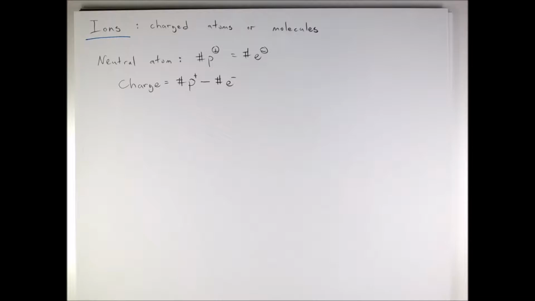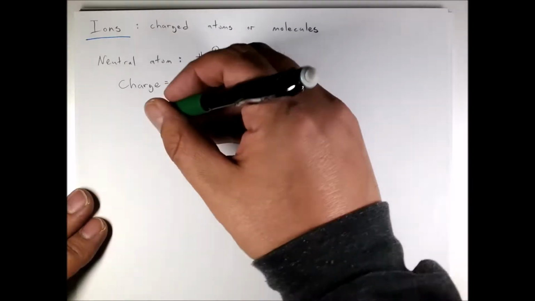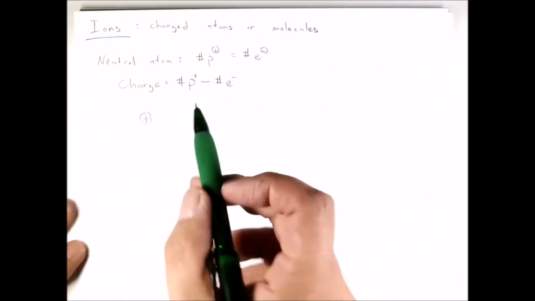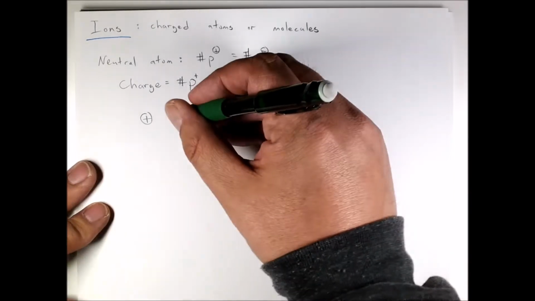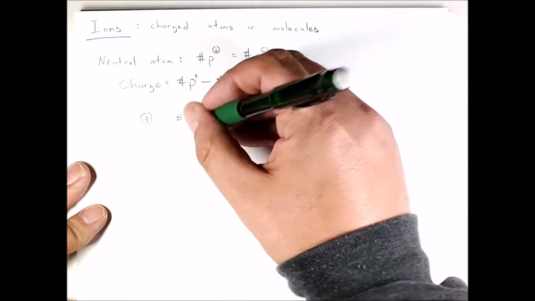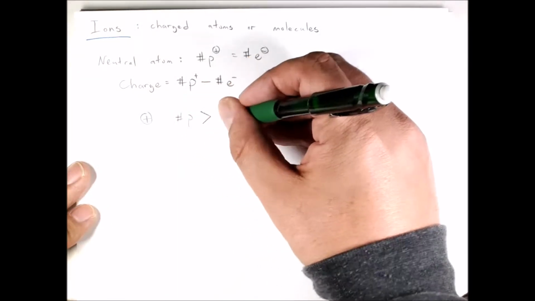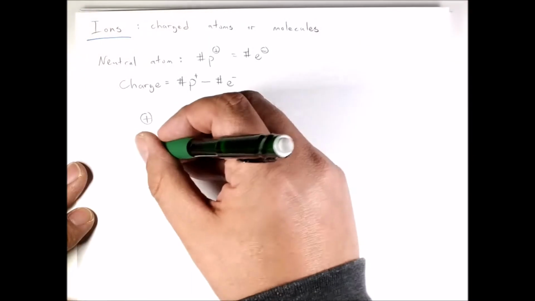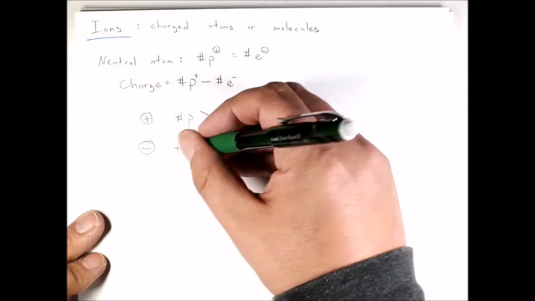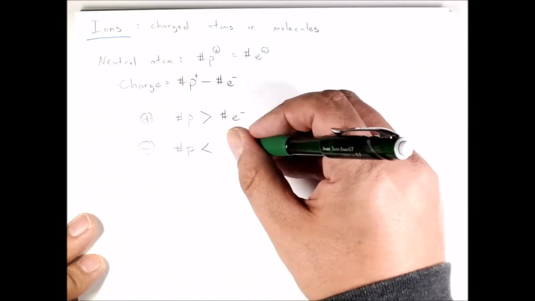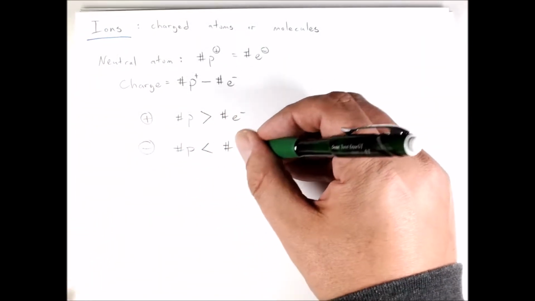So in general, if you have a positive charge, which one is greater? The protons or electrons? Protons are greater. So we can say that the number of protons is greater than the number of electrons. And then you have the reverse case where if something is negative, that means that the number of protons is less than the number of electrons.